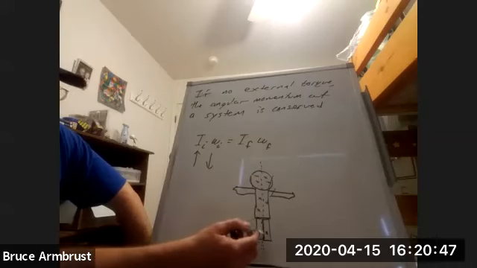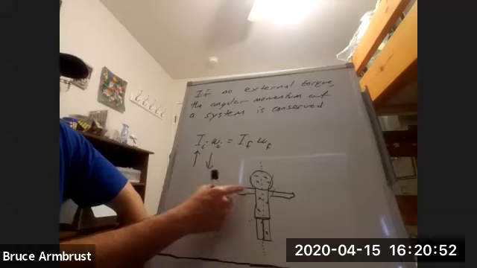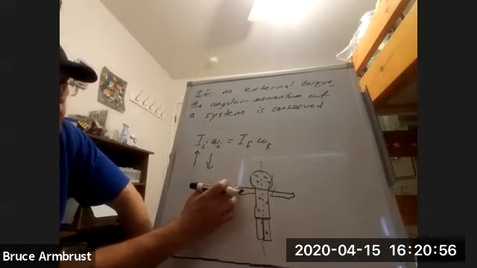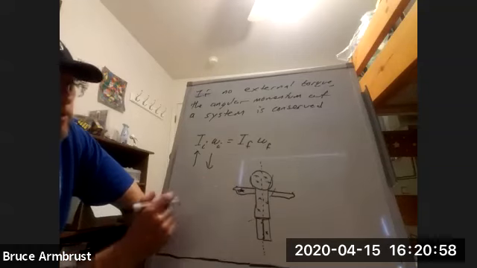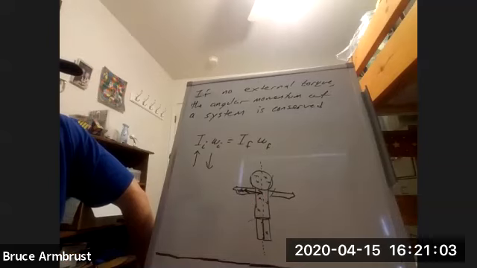But for these parts of the body, nothing's going to change. What is going to change are the arms, because let's look at this guy right here. I'm going to make a little star for that piece of mass. Right now, it's that distance R away from the center of mass.